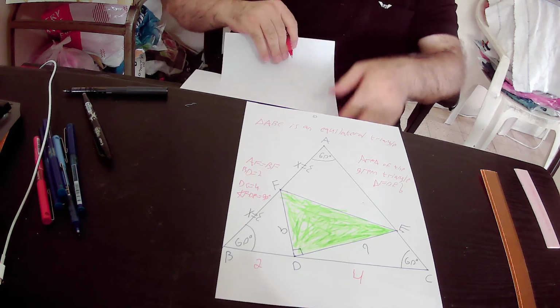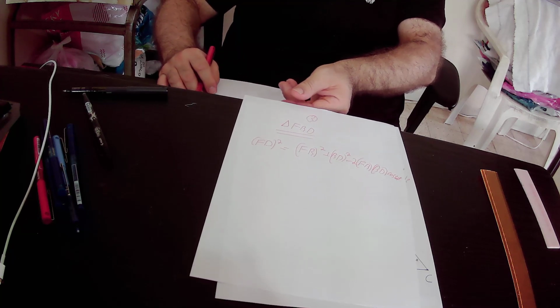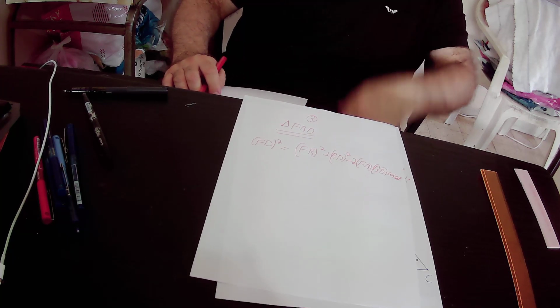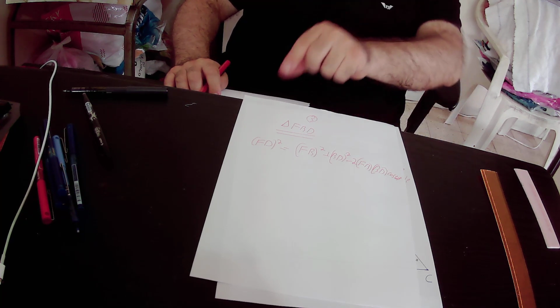Okay, so in triangle FBD, according to the law of cosines, FD squared equals FB squared plus BD squared minus 2 times FB times BD times cosine 60 degrees. Okay?